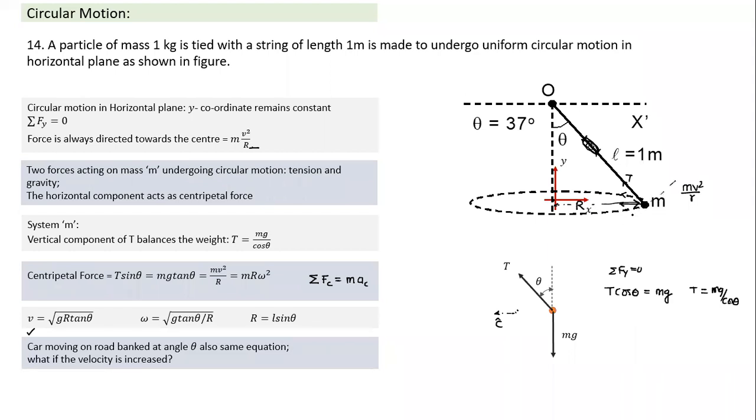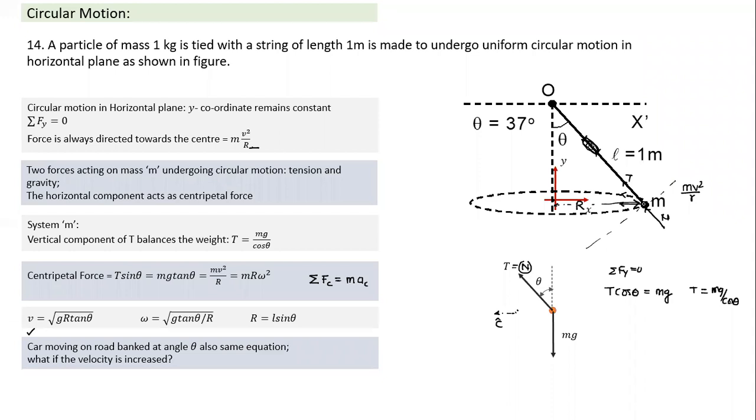Here the force comes because of the normal reaction, so in place of T, we have N. And the angle theta depends on the angle of banking. Once we know tan theta, we can find that when the car moves at that speed, no friction force is required.